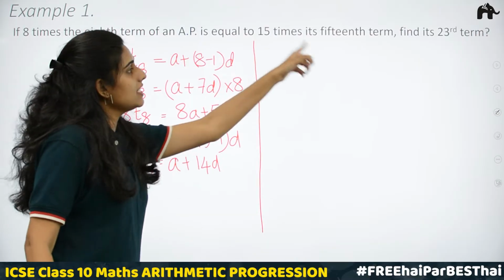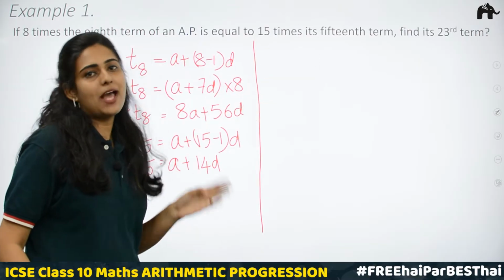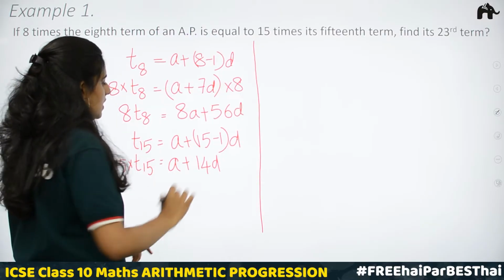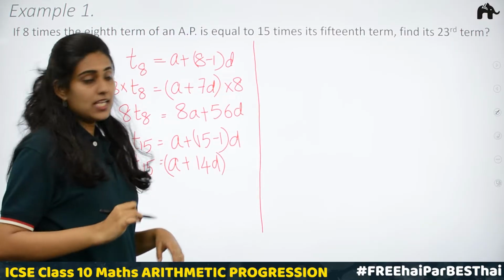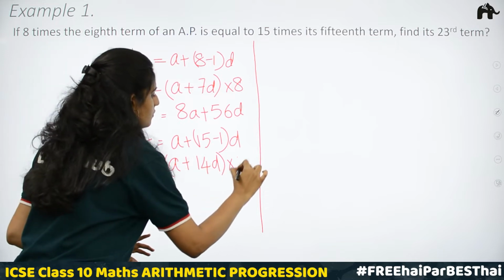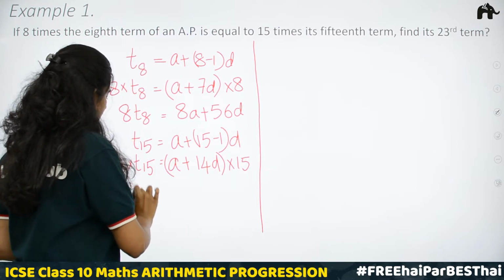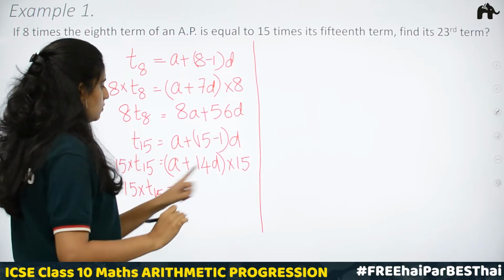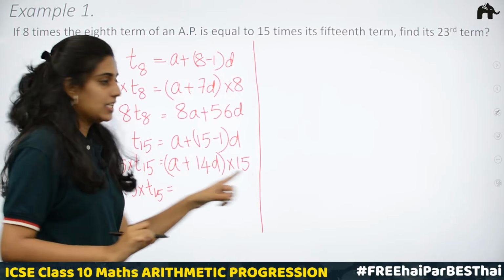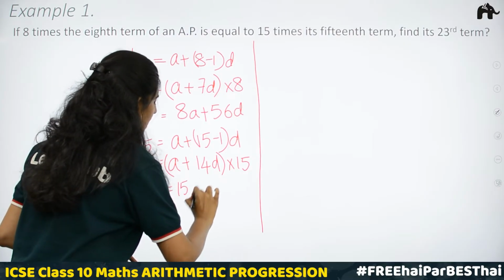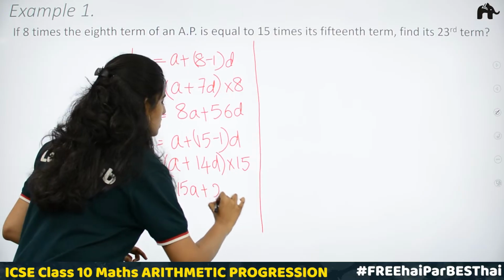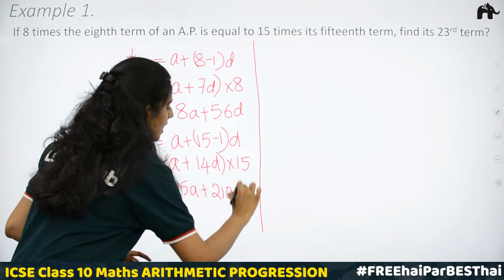Now, 15 times the 15th term means we have to multiply on both sides with 15. 15 into T15 is equal to a plus 14d into 15. 15 times the 15th term is equal to, removing the brackets and multiplying, 15a plus 14 into 15. 14 into 15 is 210, 210d.